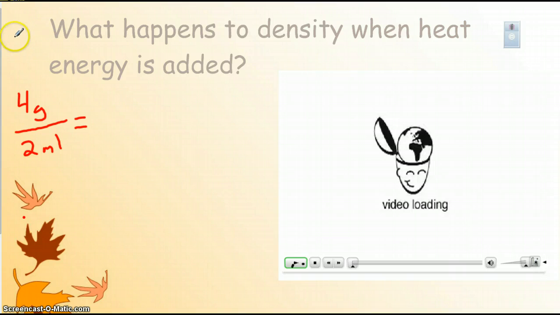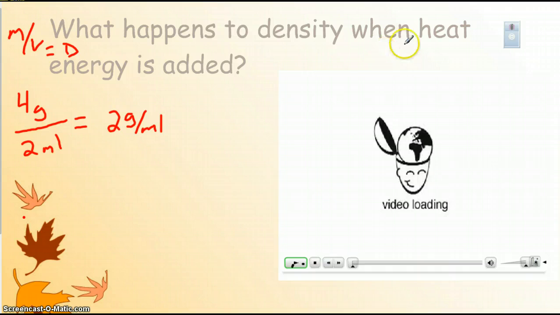We know that density is mass divided by volume. So 4 divided by 2, we have a density of 2 grams per milliliter.